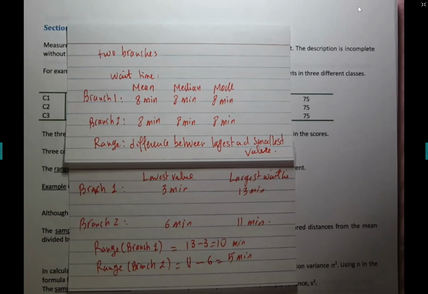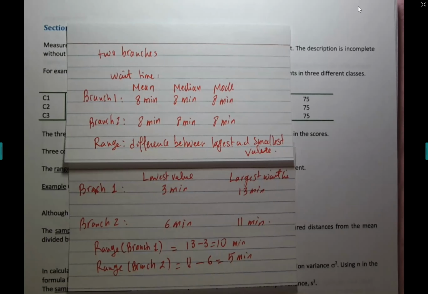How many customers did we use when we determined the range? 15. No, not 15. Oh, 2. Just 2. The one that has the largest wait time and the one that has the lowest wait time. And we ignore the other 13. We did not just consider the other 13.